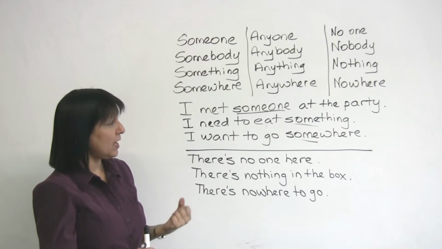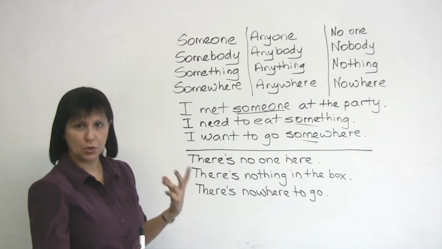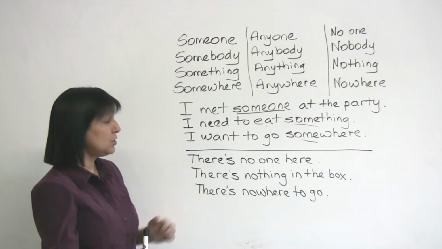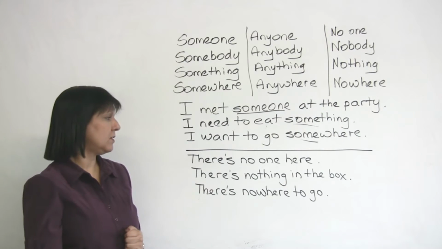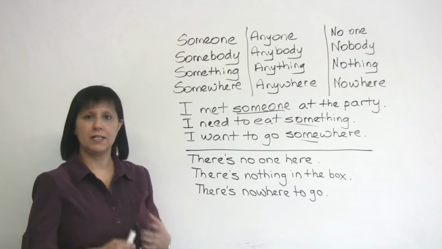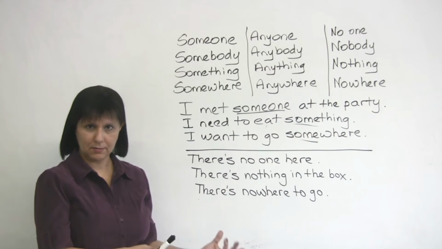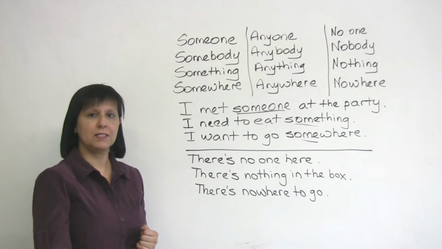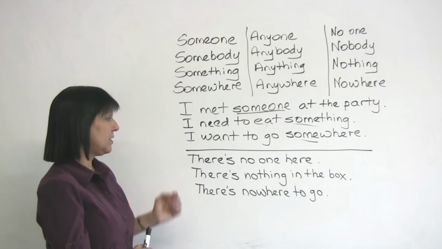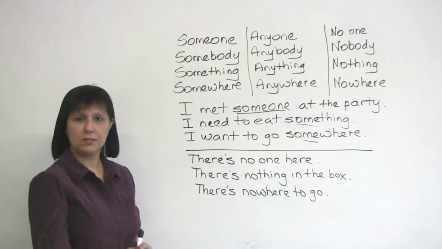Now let's look at a few examples using no. There's no one here. Positive sentence. There's no one here means there's not a single person here. We could also say there's nobody here, means exactly the same thing. There's nothing in the box.